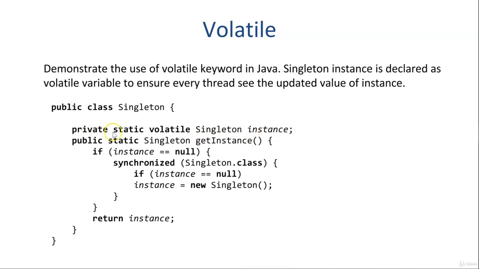So when you define this as volatile, it means the thread will always look for this variable in main memory. Here, if instance equals null, synchronize this class and create an instance of this class. All the other calling classes will call this getInstance method.